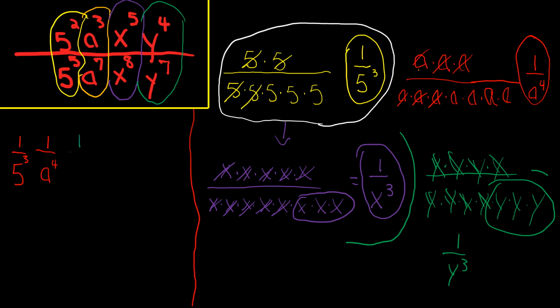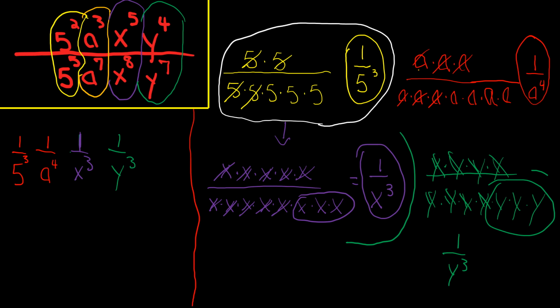So let's go ahead and get everything that we got right over here. 1 over 5 cubed, 1 over a to the 4, 1 over x cubed, 1 over y cubed. Okay, so look at the numerator. We have all ones, right?